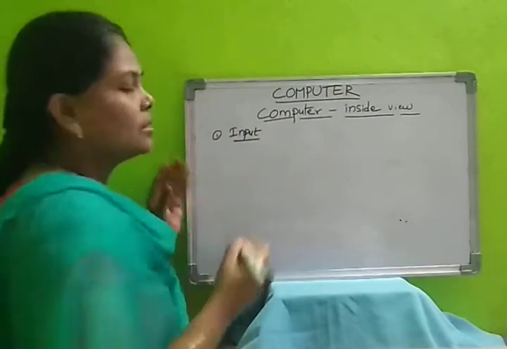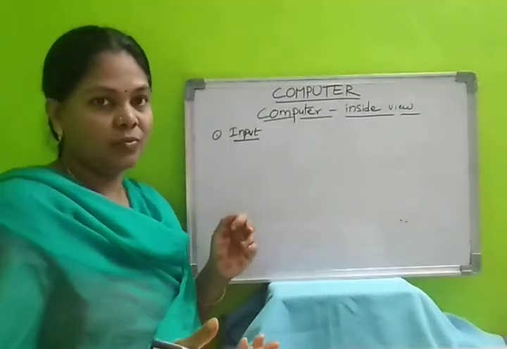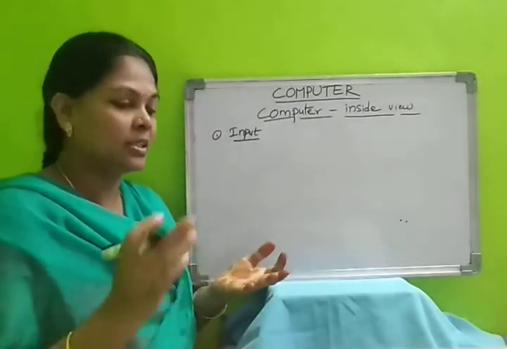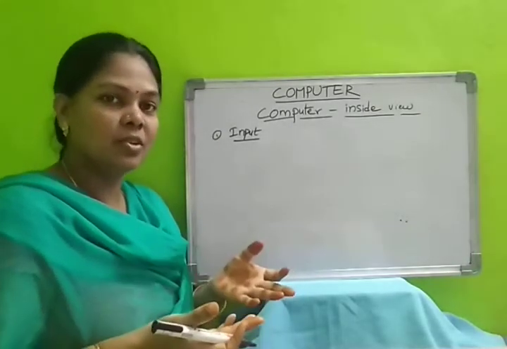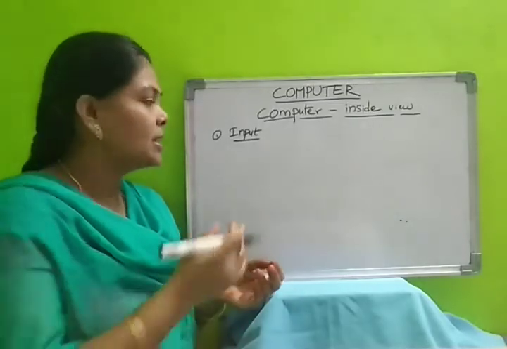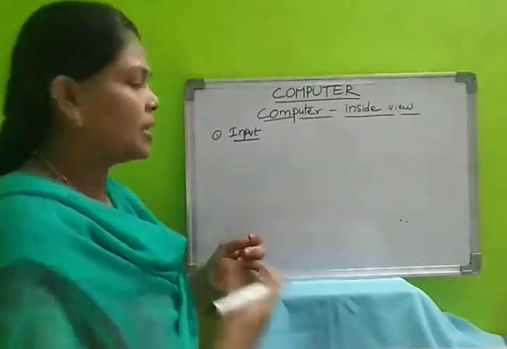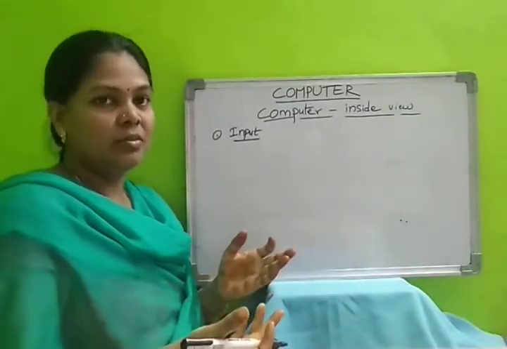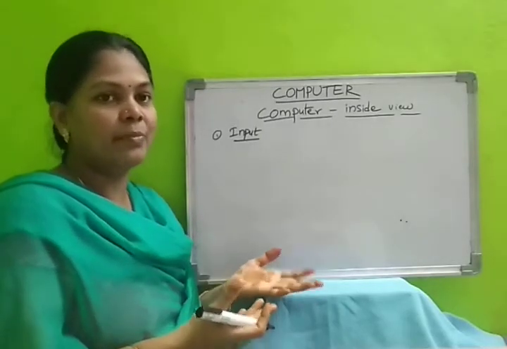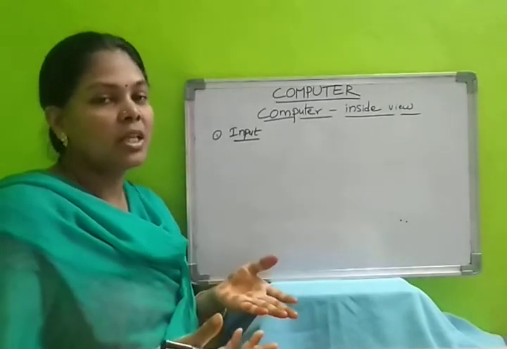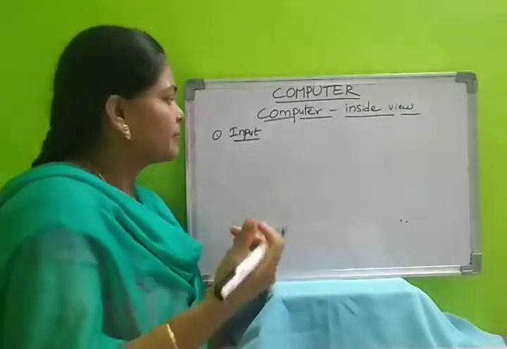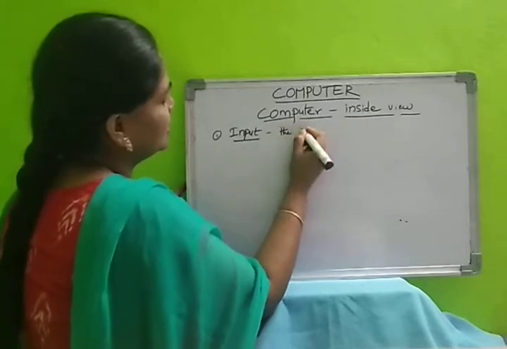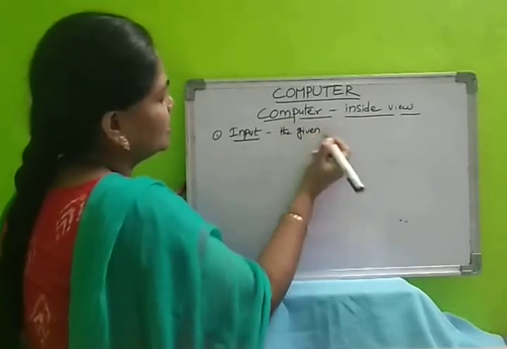Input means whatever data we give, whatever information we give, whether it is a number, a letter, a special character or a photograph, all those are called inputs. Whatever information we give, that is called input data.